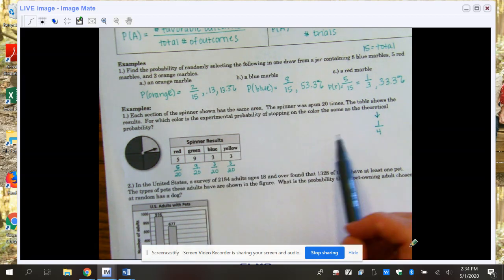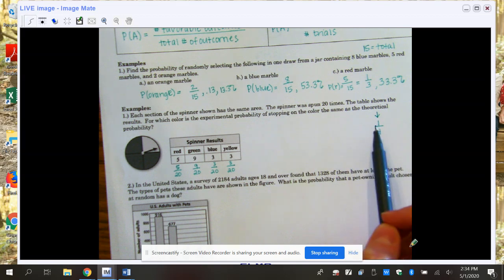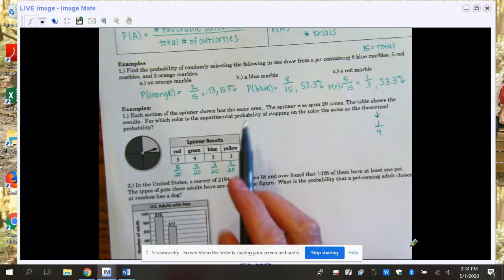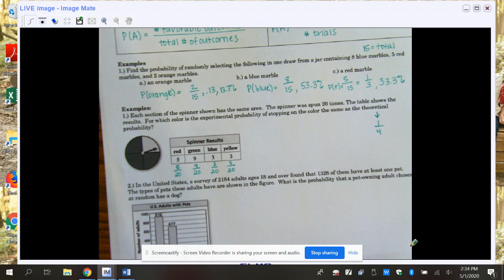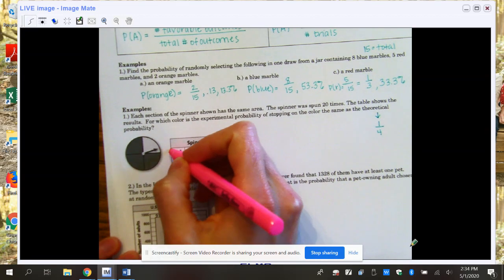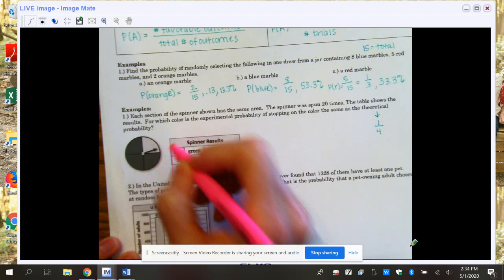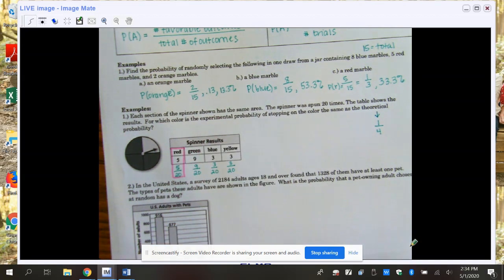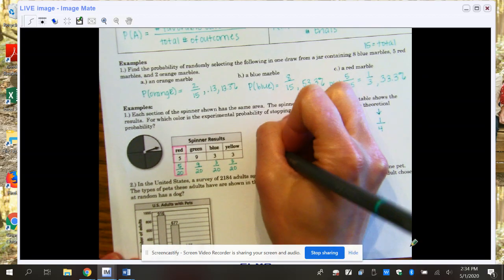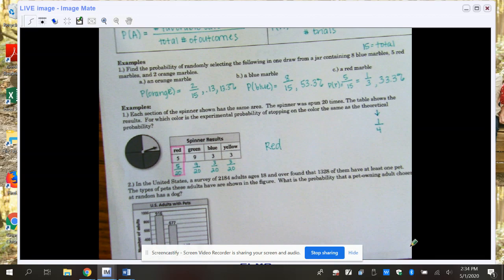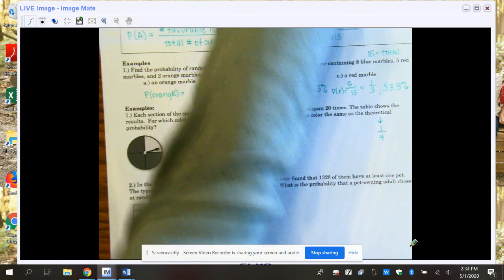So in terms of which one ended up being the same as the theoretical probability, that would be the red. Because if you take 5 out of 20 and simplify it, that would be 1/4. So our red marble ended up having the same experimental probability.